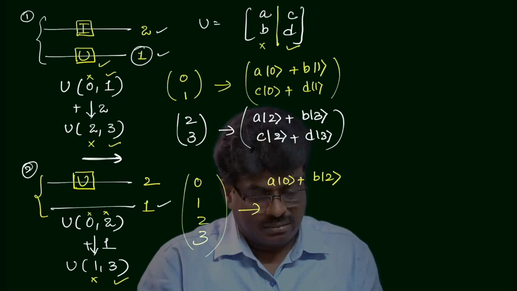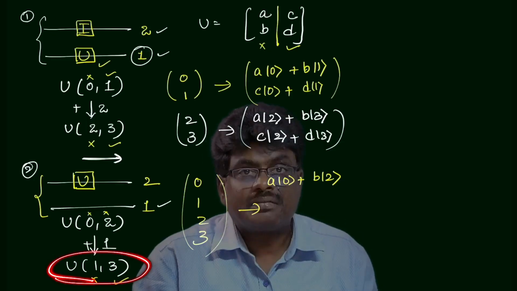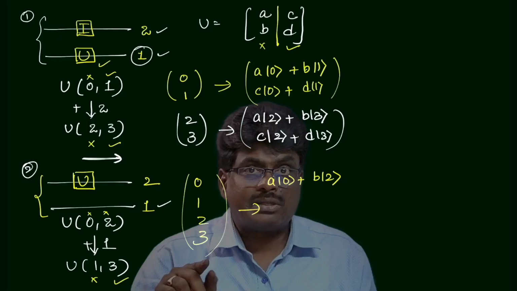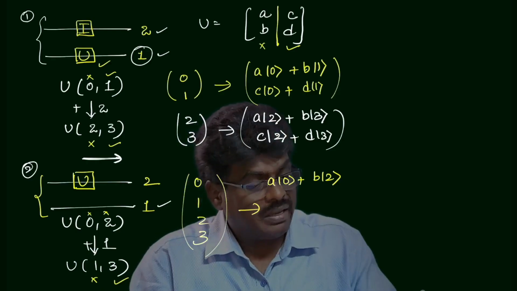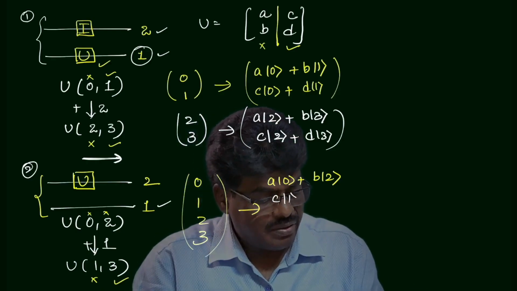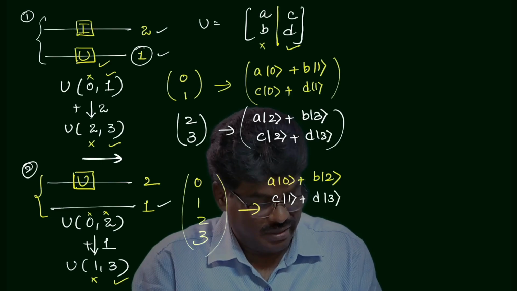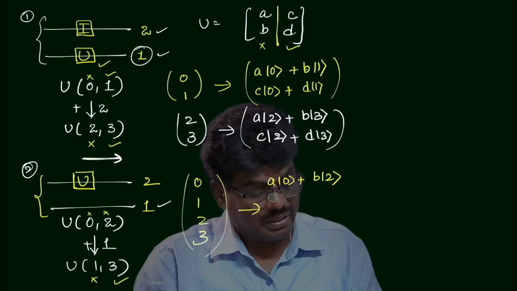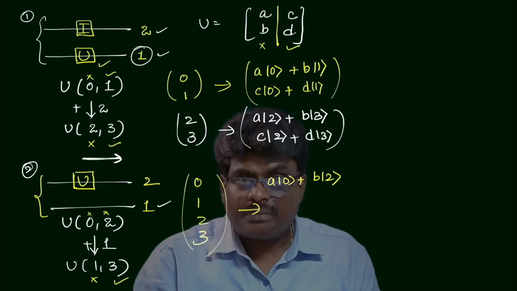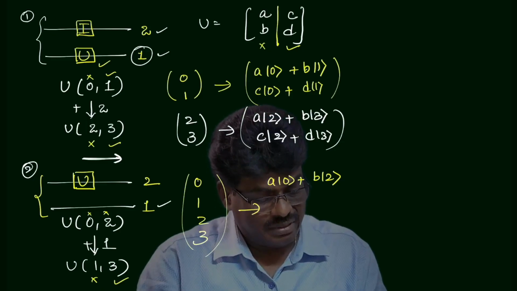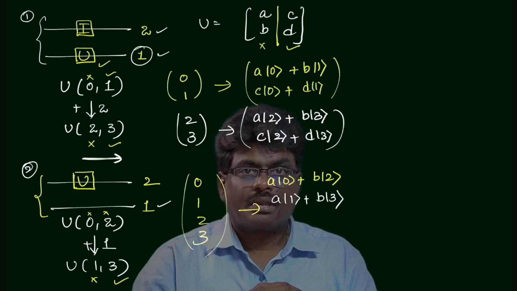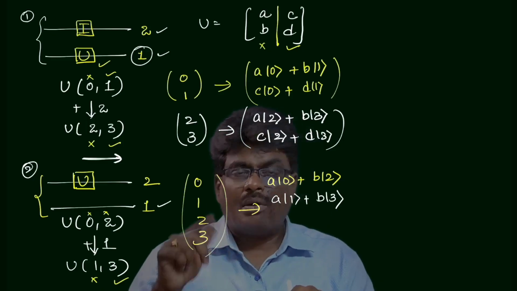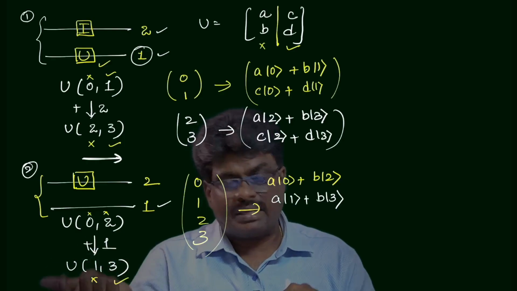Next one is 1, here you have this 1, 1 is in off state, it creates a superposition of 1 and 3, so that's why this is nothing but c1 plus d3. Oh, I'm sorry, because it is off state you have to use the first column, that is a1 plus b3, superposition of 1 and 3, but you have to use the amplitudes as the first column because it is off.